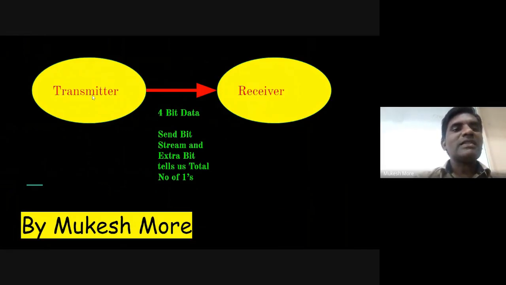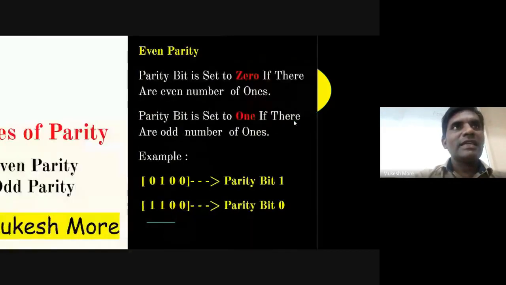So let us consider the transmitter sends the data 4 times 1, and that data is received at the receiver. Now we are calculating the total number of ones present in that data.